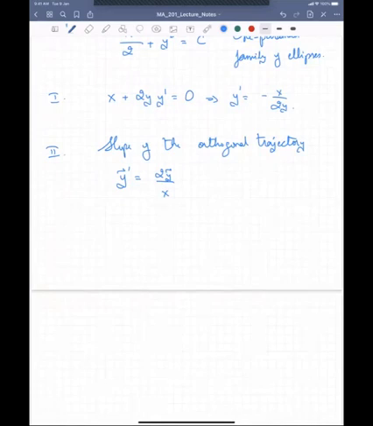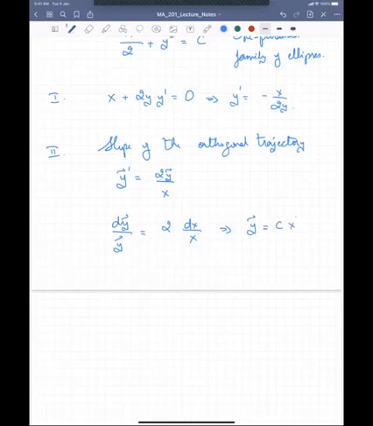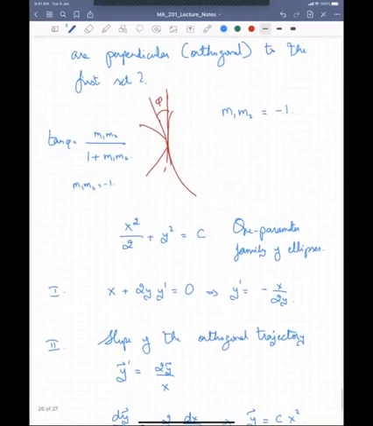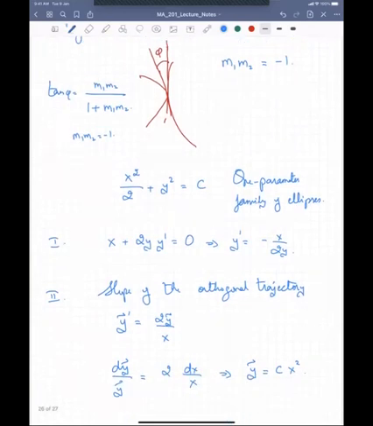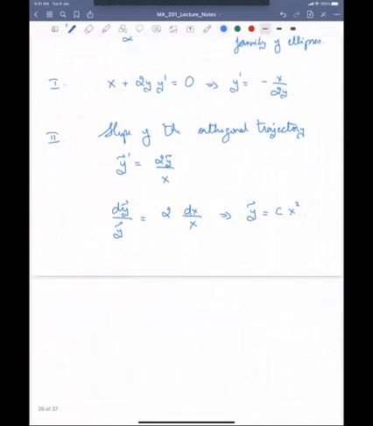In this case, for example, dy tilde by y tilde would be 2 dx over x, which I can integrate trivially to find y tilde is c times x squared. Which means if I'm given a set of ellipses, then the family of curves that are orthogonal trajectories of these ellipses are basically parabolas.